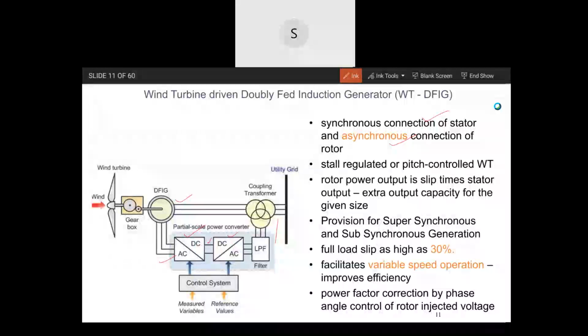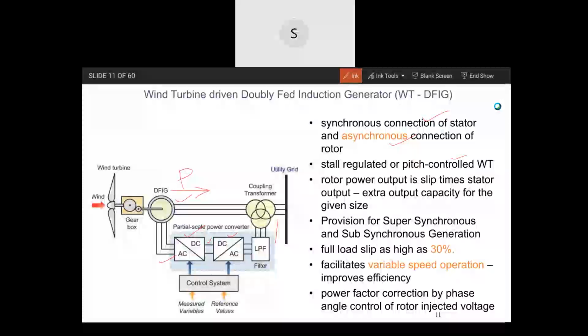The turbine can be stall regulated or pitch controlled. It doesn't matter. Now, rotor power output is slip times the stator power. All of you being electrical engineers, I believe you know that in the super synchronous mode, above synchronous speed, it will be acting as a generator. Then power can flow from the stator to the grid.